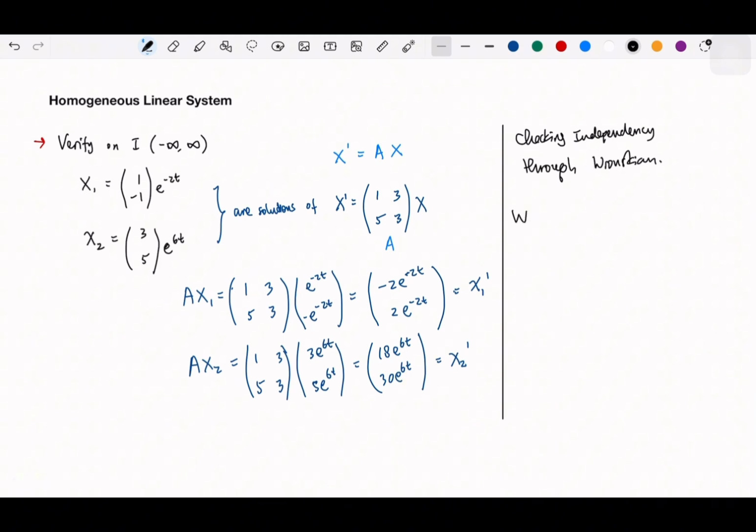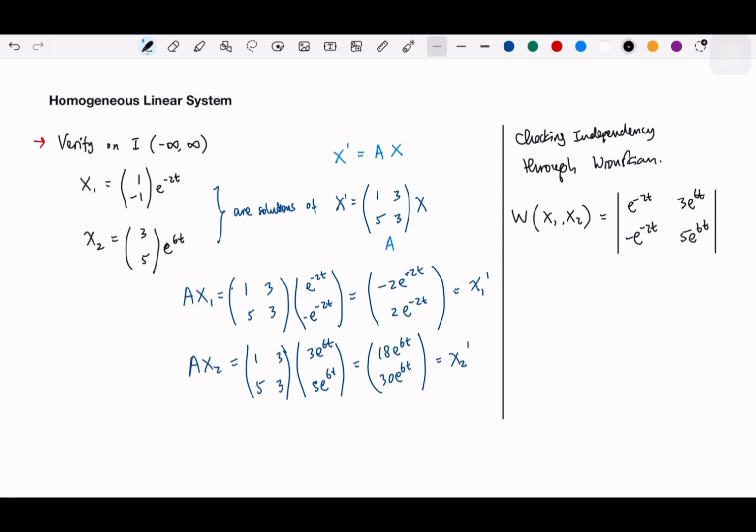So we can write W of x1, x2. The x1 is e^-2t, negative e^-2t, and then 3e^6t, 5e^6t.